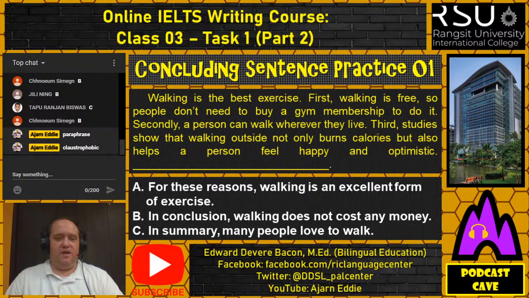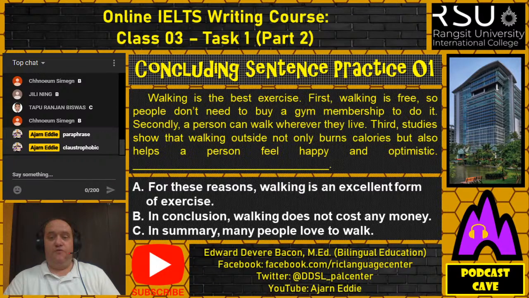Okay, so let's start off here. Walking is the best exercise. First, walking is free. So people don't need to buy a gym membership to do it. Second, a person can walk wherever they live. Third, studies show that walking outside not only burns calories, but also helps the person to feel happy and optimistic.